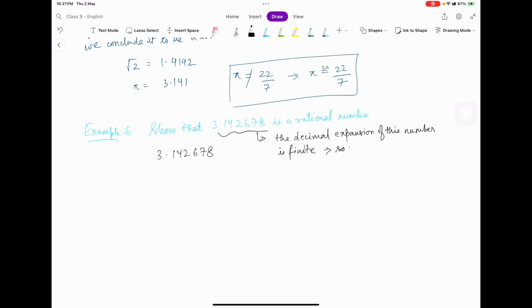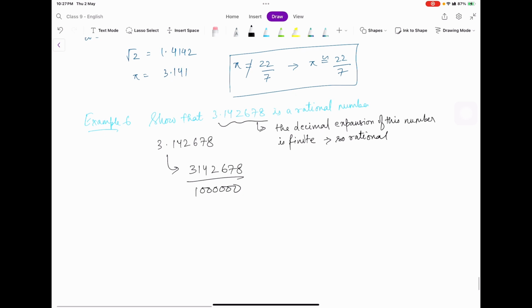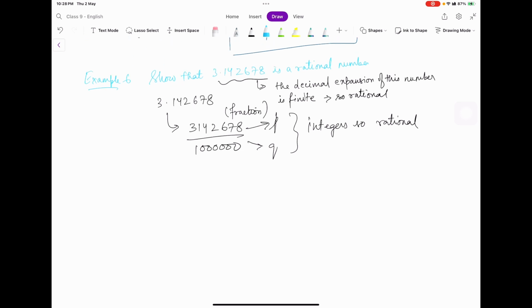The second thing is, you can write it in fractional form, 3142678 by 10^6, a fraction where this is p, this is q, integers, so it is a rational number. You got it? Understood? Two methods are there, and you have to do both actually.